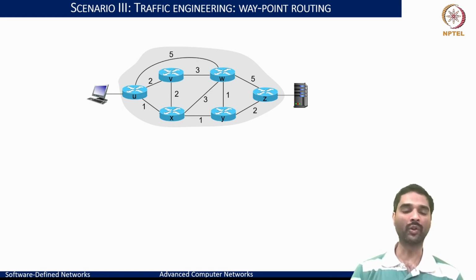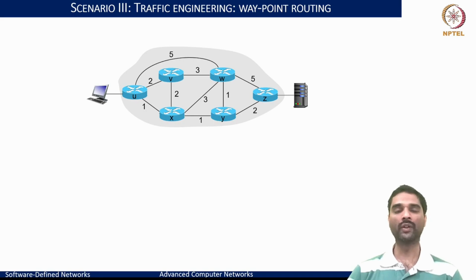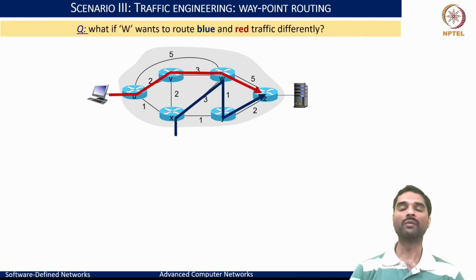So in this simple topology, if we consider that router W is attached with some specific purpose-built middle boxes through which we may want our incoming traffic to go, then we would require a way to route any incoming traffic through this router W, regardless of the link weights here.